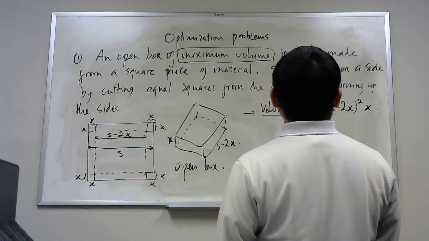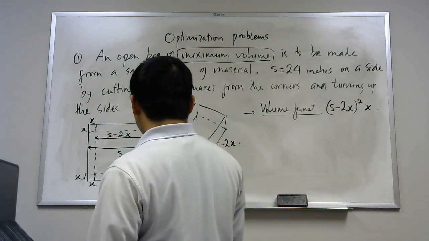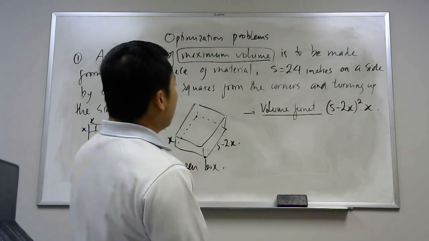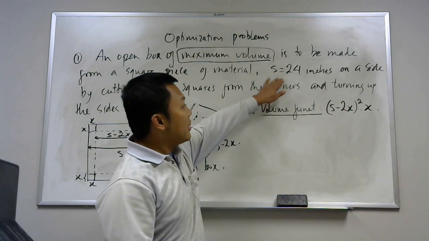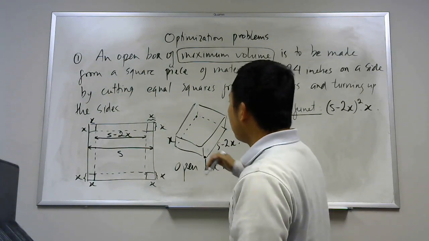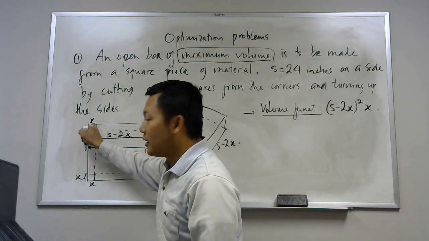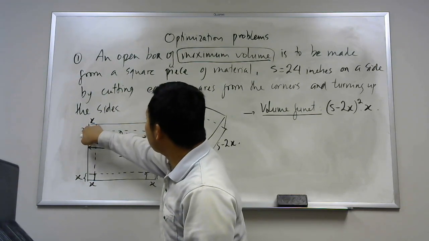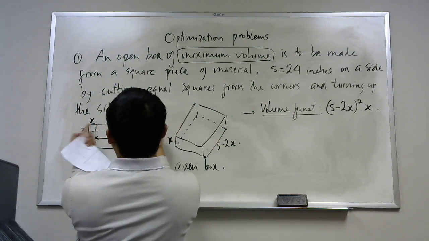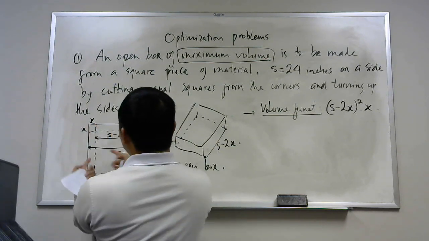Here, we still have an assumption. Do we have assumptions or not? Oh, yes, this is the only one assumption we have. So the constraint in this problem is, since x is the distance, this is the side of each corner in here. So if you add x and x in here, you have 2x. 2x is always less than or equal to s.